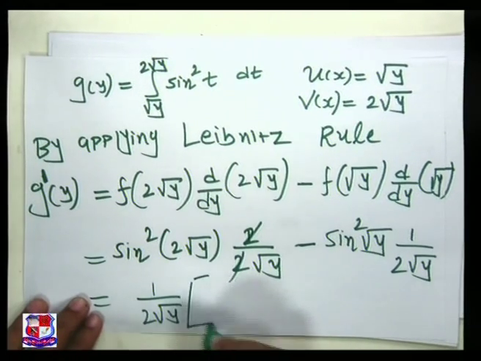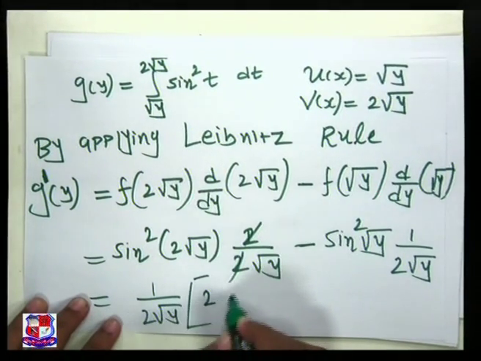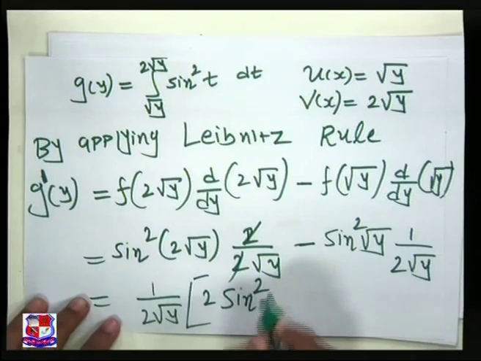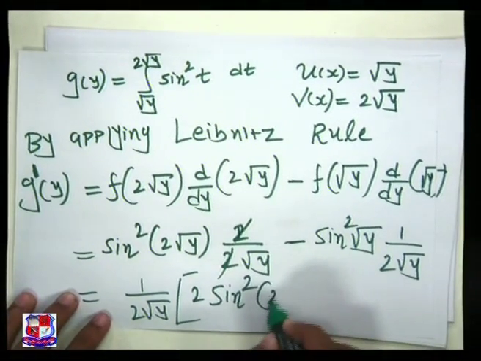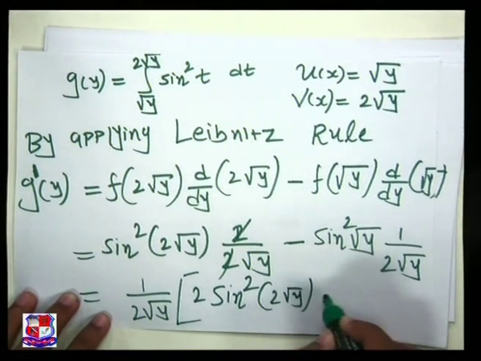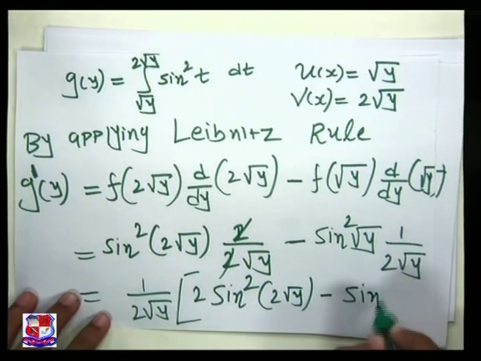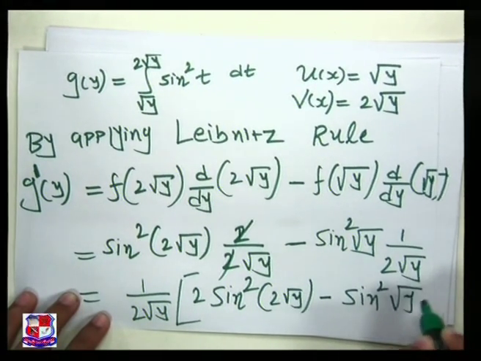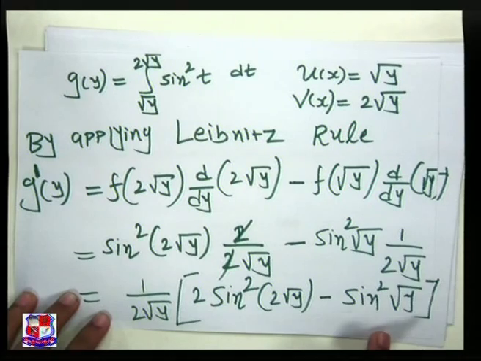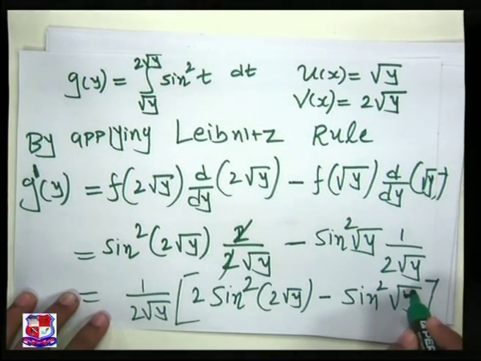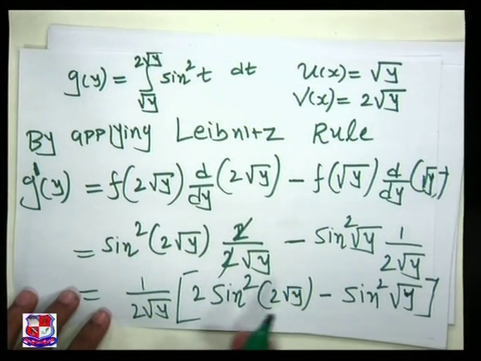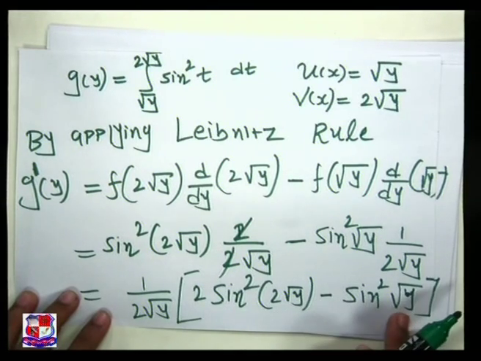In brackets we get 2 sin square 2 root y minus sin square root y. So this is our answer: 1 upon 2 root y, into 2 sin square 2 root y minus sin square root y.